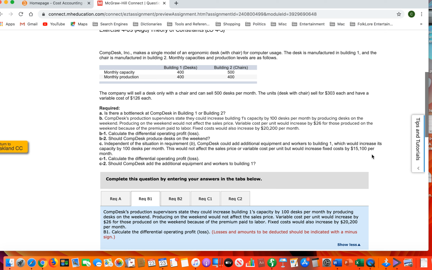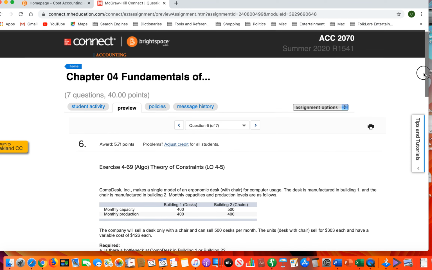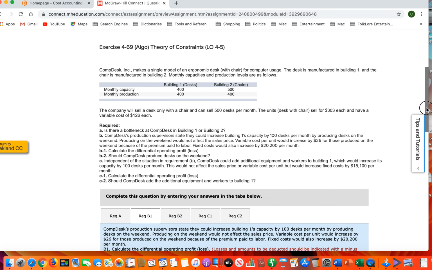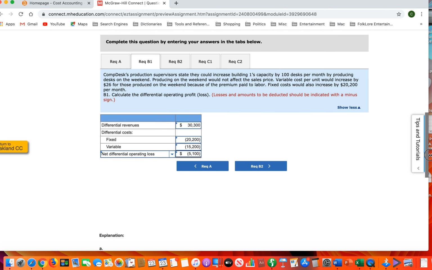So we still have 100 desks per month times the 303, 30,300. The variable cost per unit would be the same, 126.